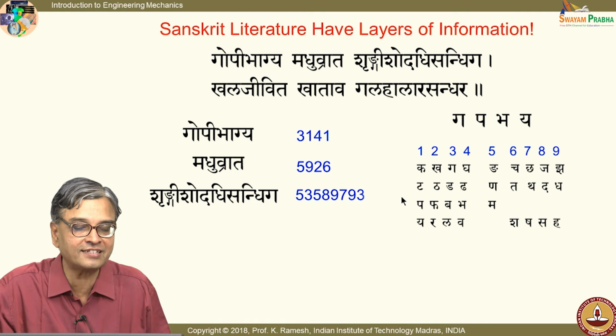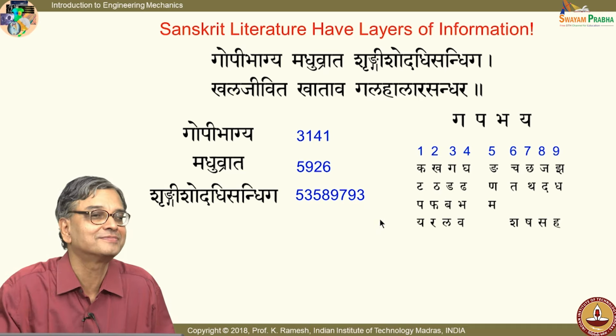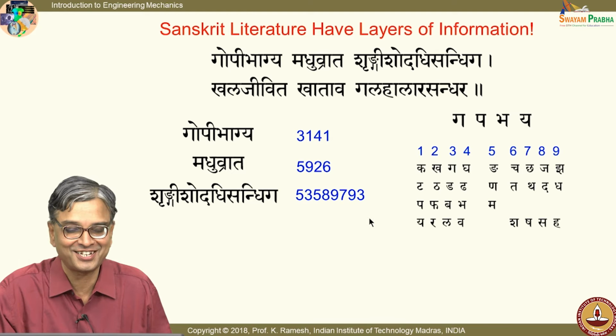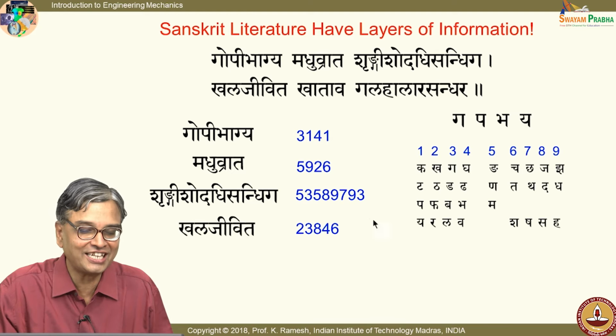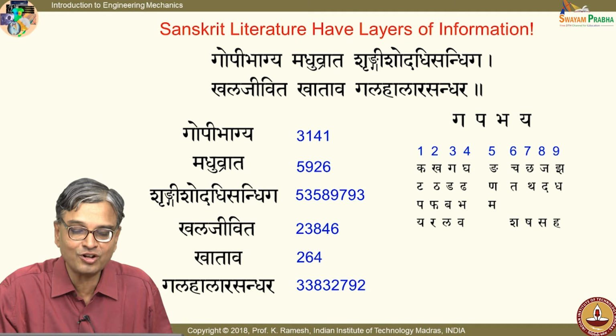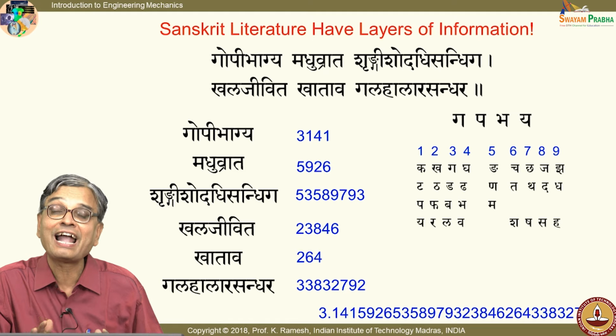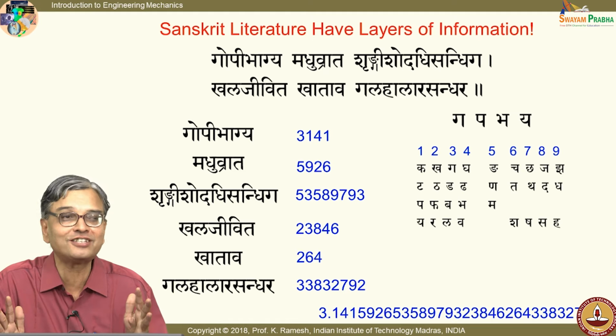Shringi Sodadhi Sandhiga, that is a very long digit. Can some of you guess where I am going? Okay, that is good. So, Kala Jivita, and you have Katava, you are able to get all these numbers, and this shloka tells the value of pi accurately to 32 digits.